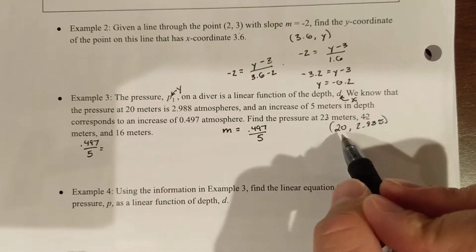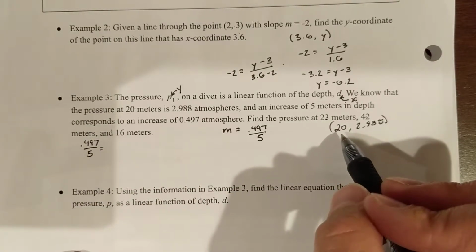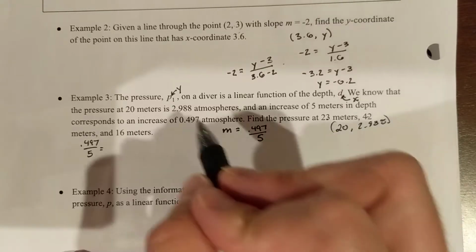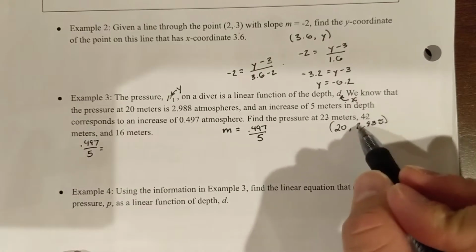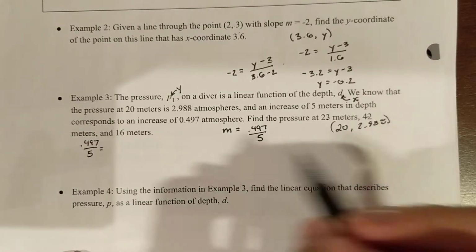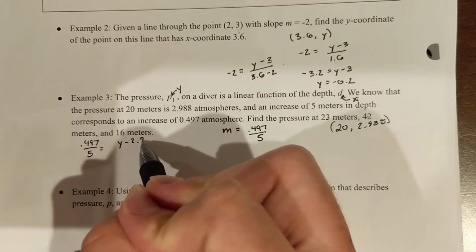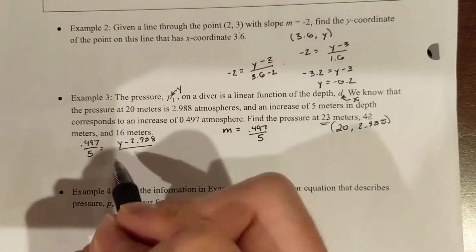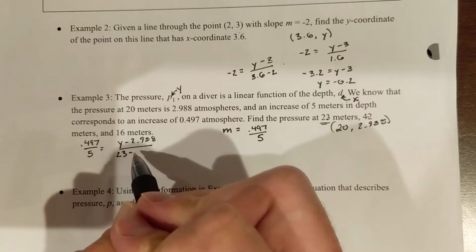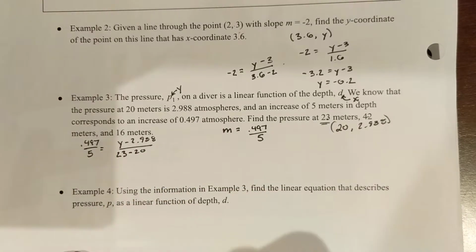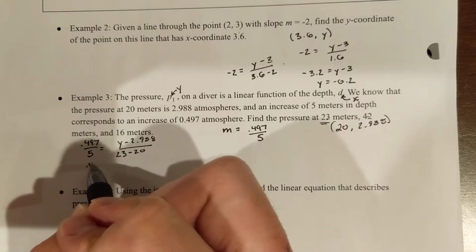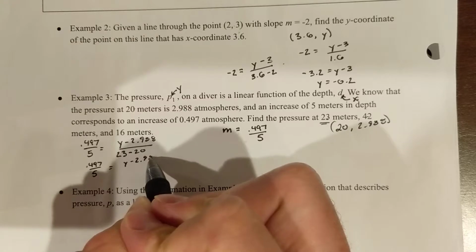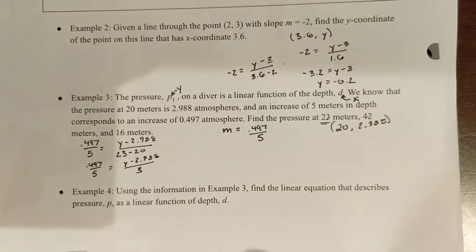The pressure is our y value. So at 20 meters, that's our y1. So y minus 2.988 over x2, which is this number here, 23 minus 20. So this would be 0.497 over 5 is equal to y minus 2.988 over 3.